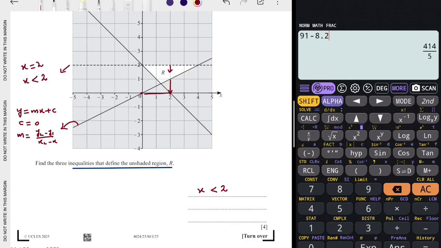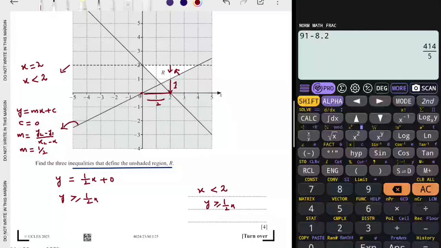If you see the rise, there is 1 unit here, and the run, there are 2 units here, so the slope would be 1 by 2. The equation of the line would be y is equal to 1 over 2 x plus 0. Now see, the region is above the line, so it would be y is greater than or equal to 1 by 2 x. This would be the answer.